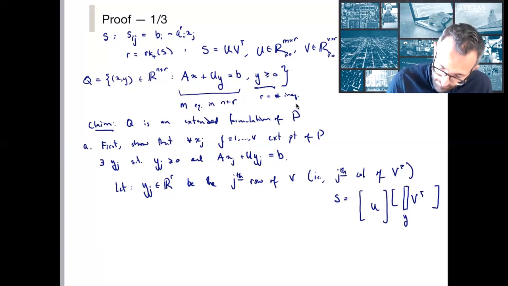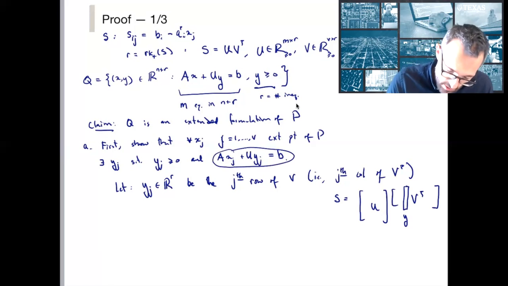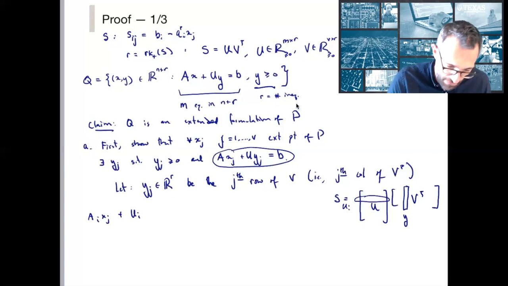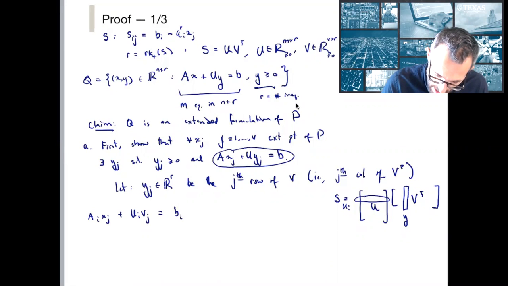So let's check. Let's take any row of this matrix. We've got a_i xj plus u_i, the ith row, times yj, which is vj, and just by definition, this is equal to b_i minus s_ij plus s_ij.